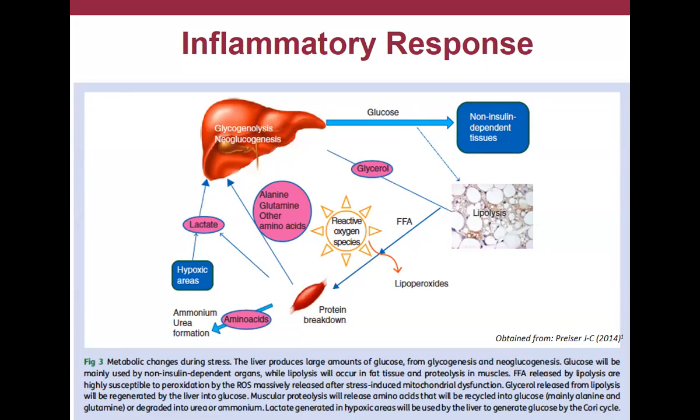And this increased glucose production via gluconeogenesis and the decreased insulin secretion lead to the hyperglycemia that we see in most of our patients, especially our critically ill patients. Hyperglycemia is correlated to increased infection risk and poor wound healing, which is a big focus in the Trinity Health system right now.